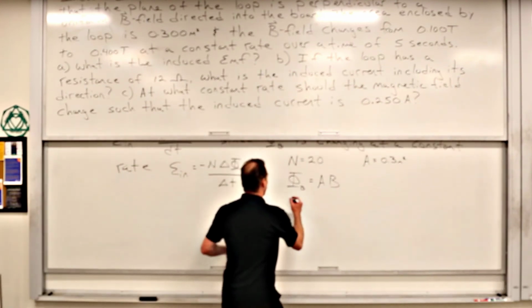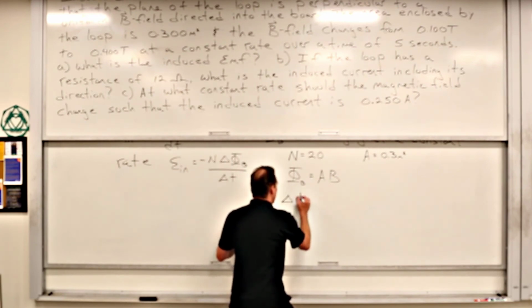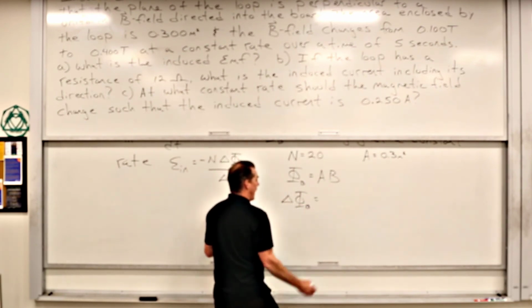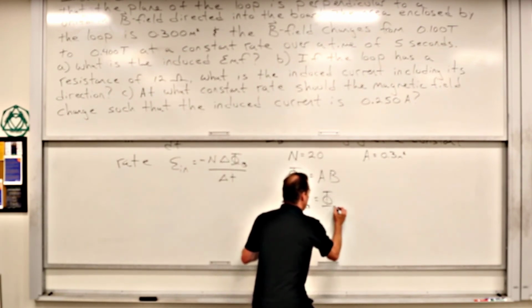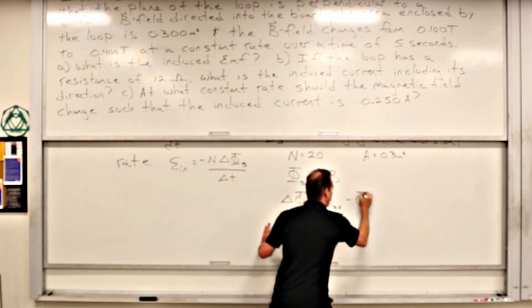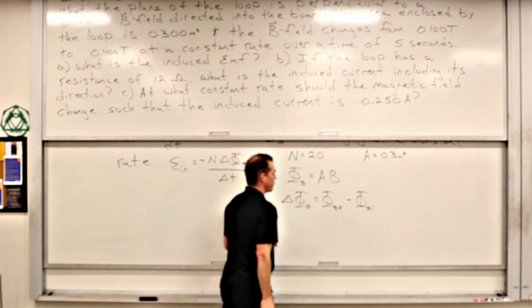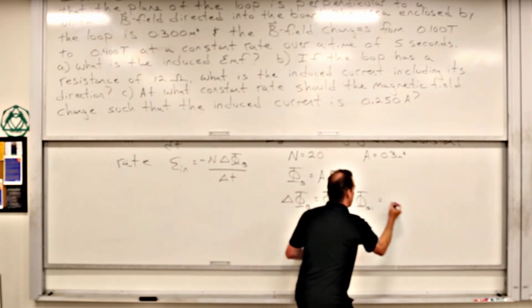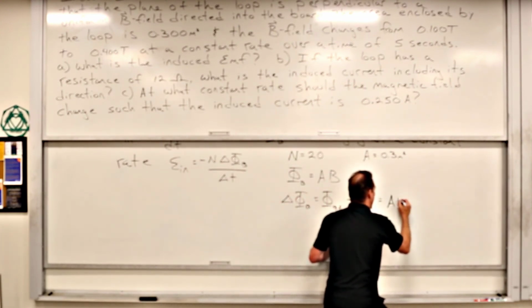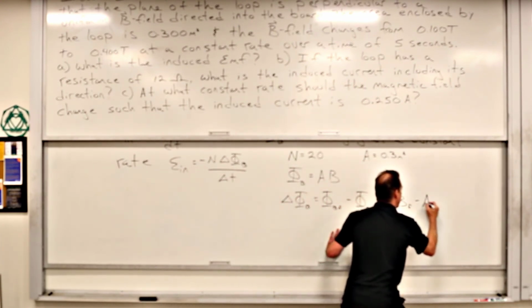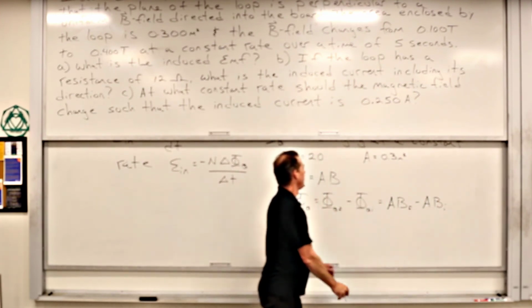So when we go ahead and start looking at delta phi sub B, we have phi sub B final minus phi sub B initial, which is going to be equal to A times B final minus A times B initial.